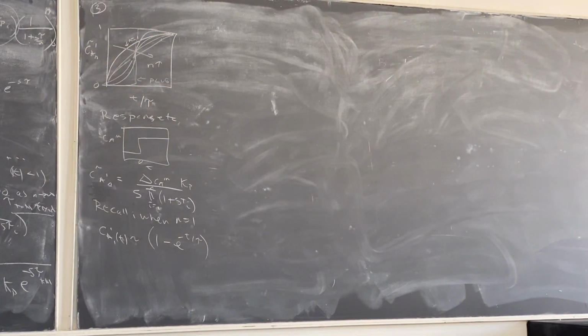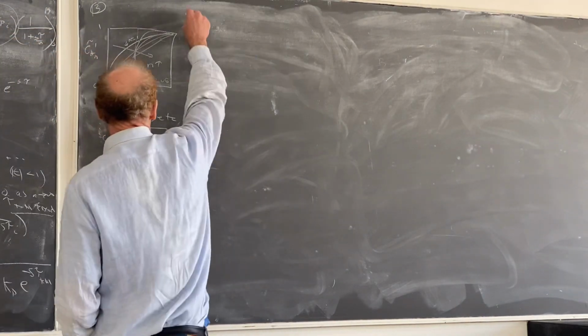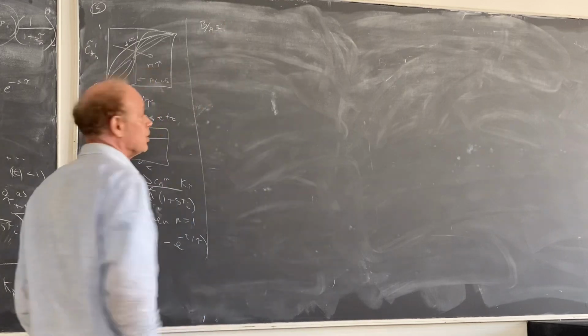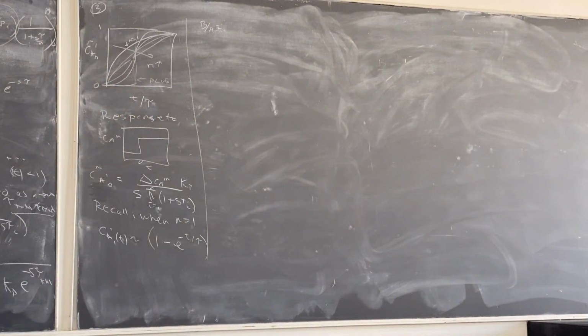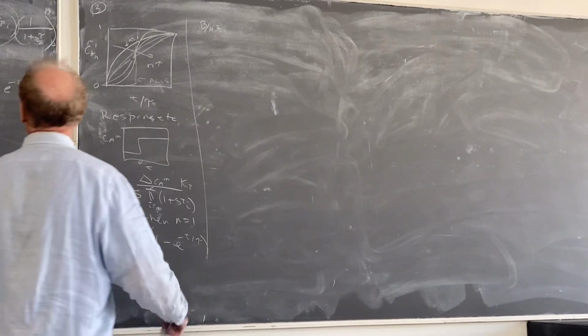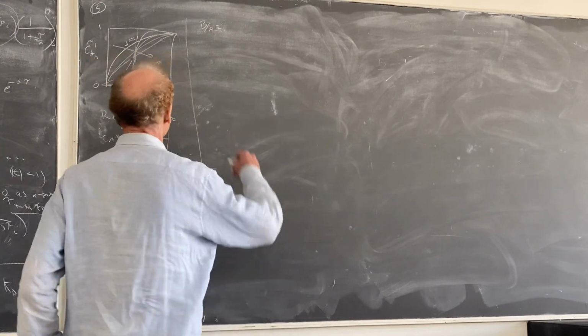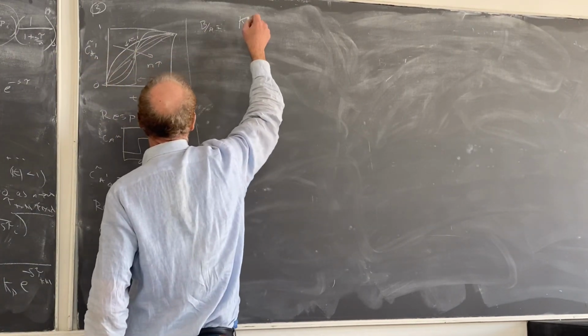How about the B over A, the amplitude ratio? So the amplitude ratio, we know, is just this. So it's Kp. If I use this definition again, the product of the Kp_i's is Kp.